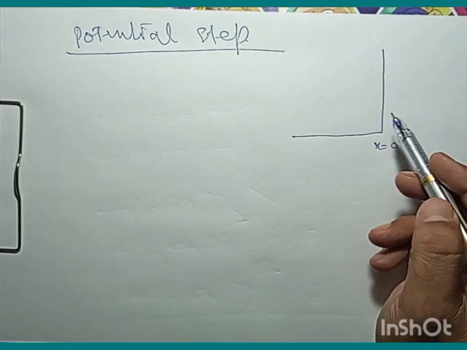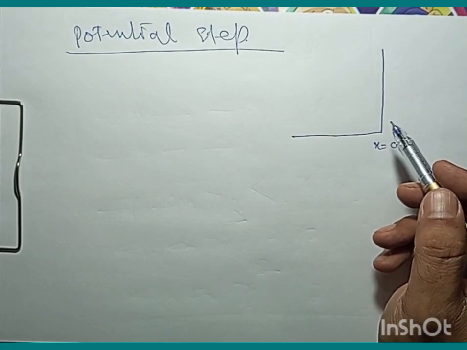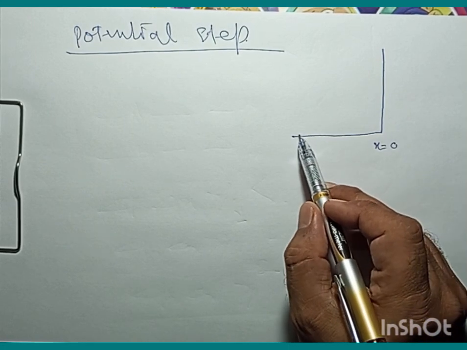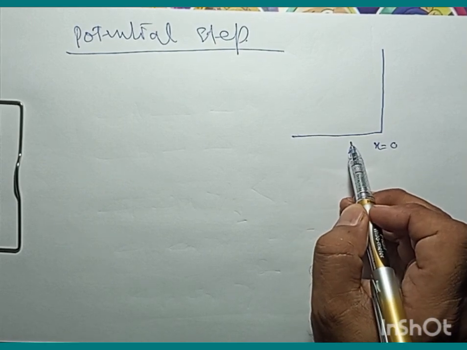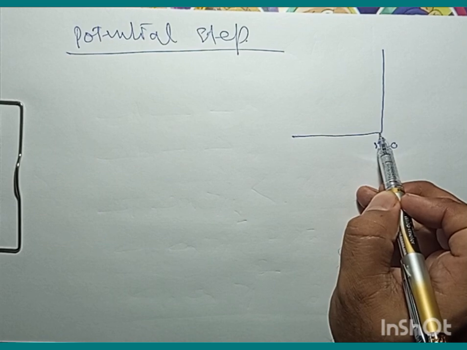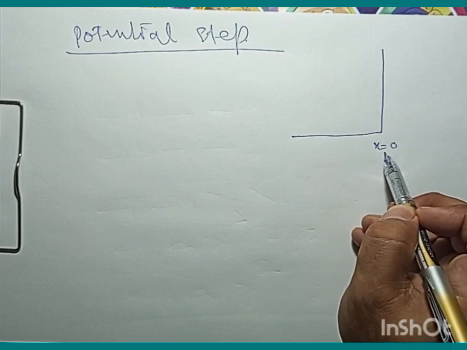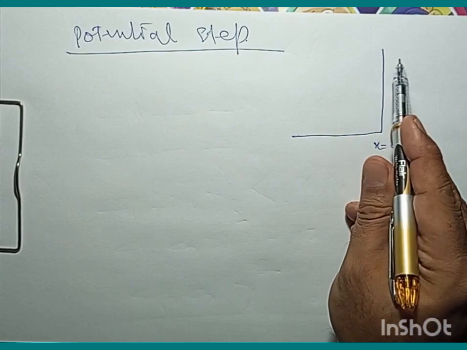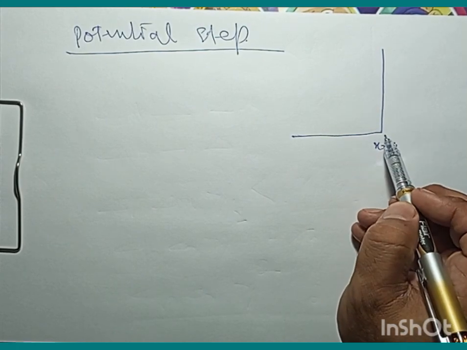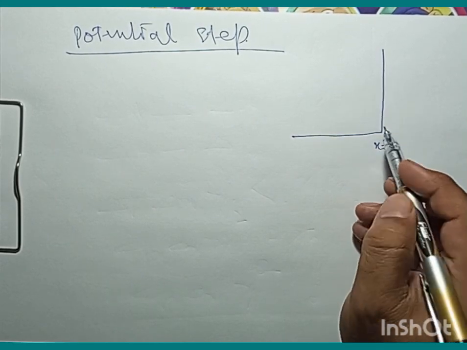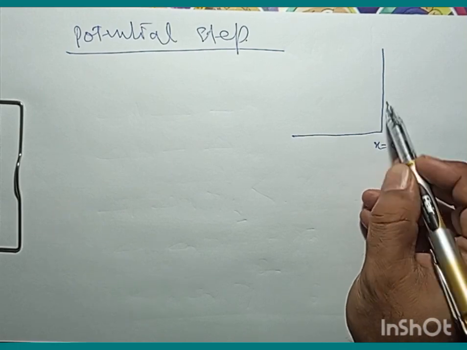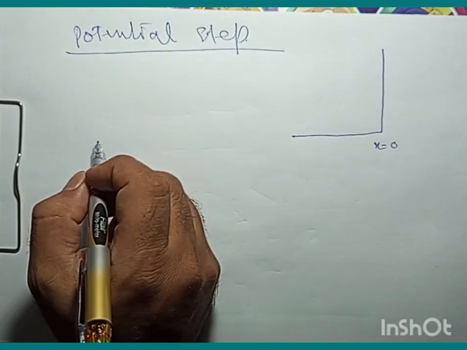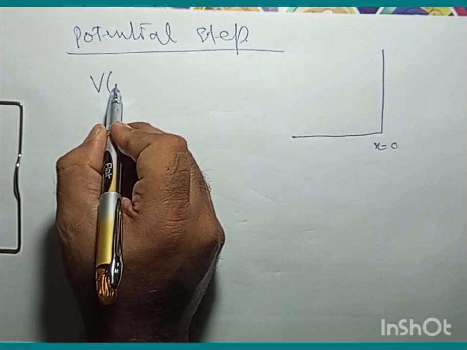What this problem basically consists of is that we have a particle, and the particle is free. It is free everywhere, but beyond some particular point, if I assume that point to be x equal to 0, the potential increases sharply. This potential is assumed to be a repulsive potential.